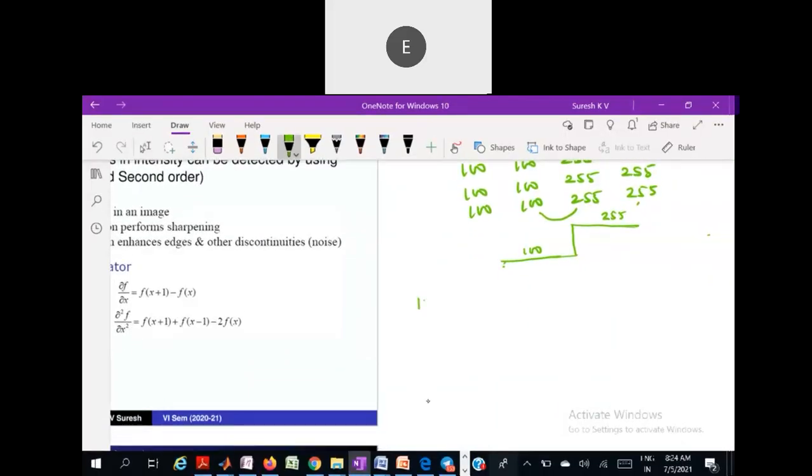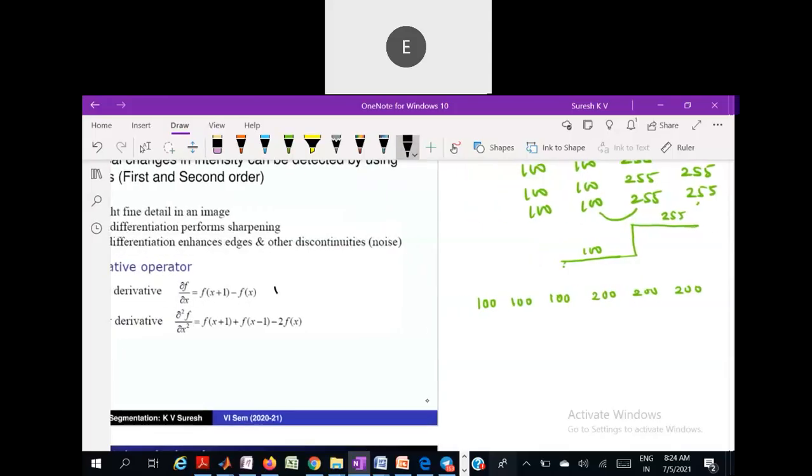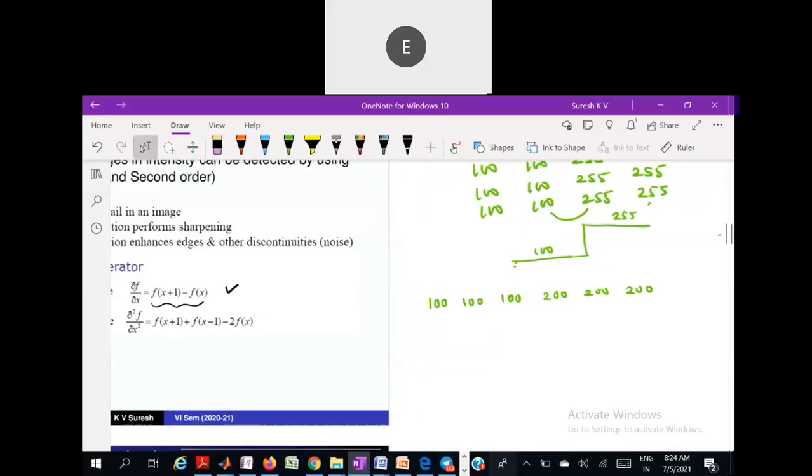Let us assume I have pixel values something like this: 100, 100, 100, 200, 200, 200. Now I will use the first order derivative, and a close approximation to it in discrete cases is to subtract f of x from f of x plus 1.